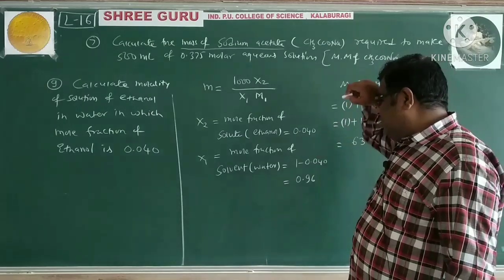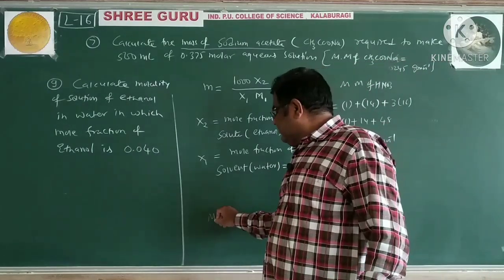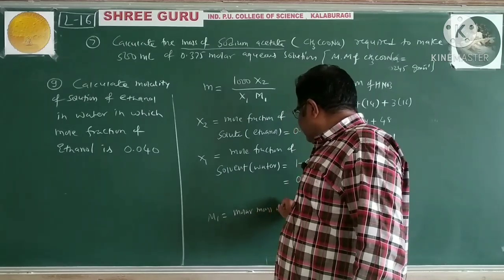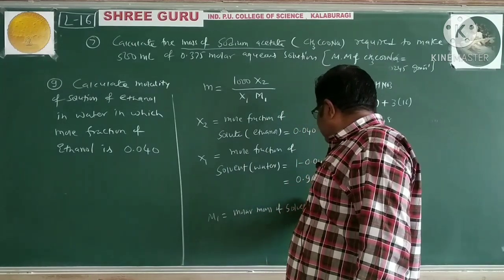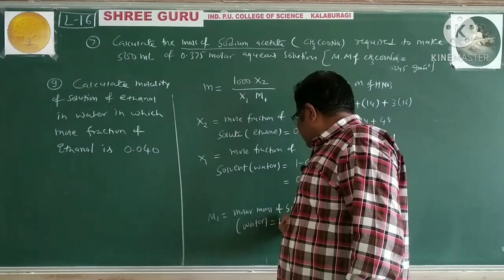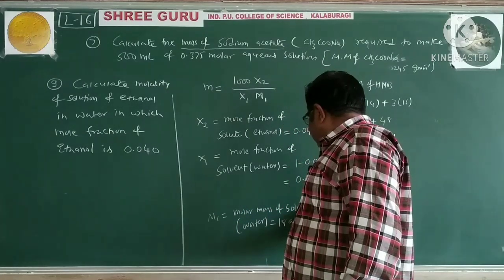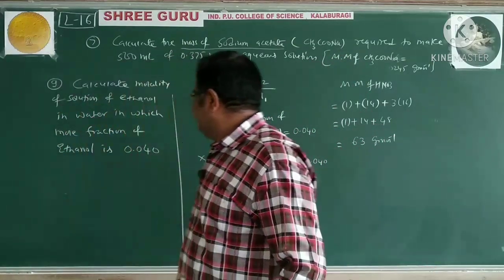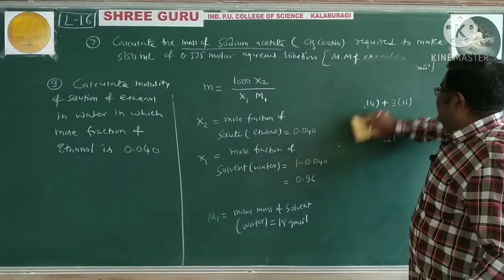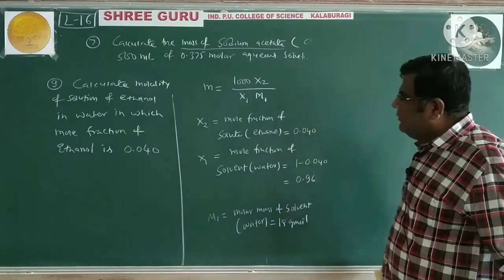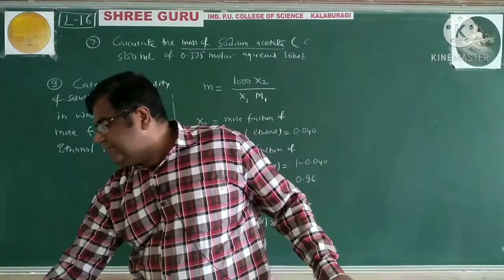And then M1, remember, molar mass of solvent, which is water in this case, which is 18 gram per mole. So in this way we can calculate this.